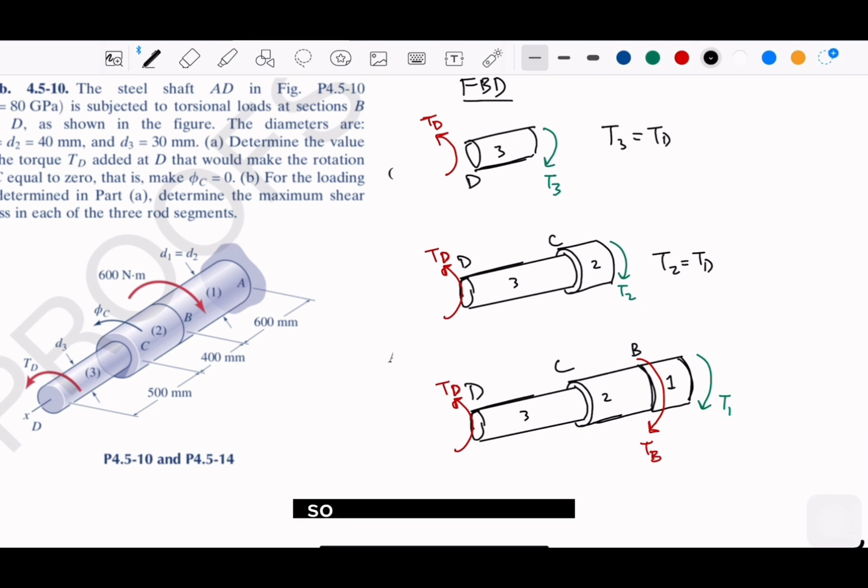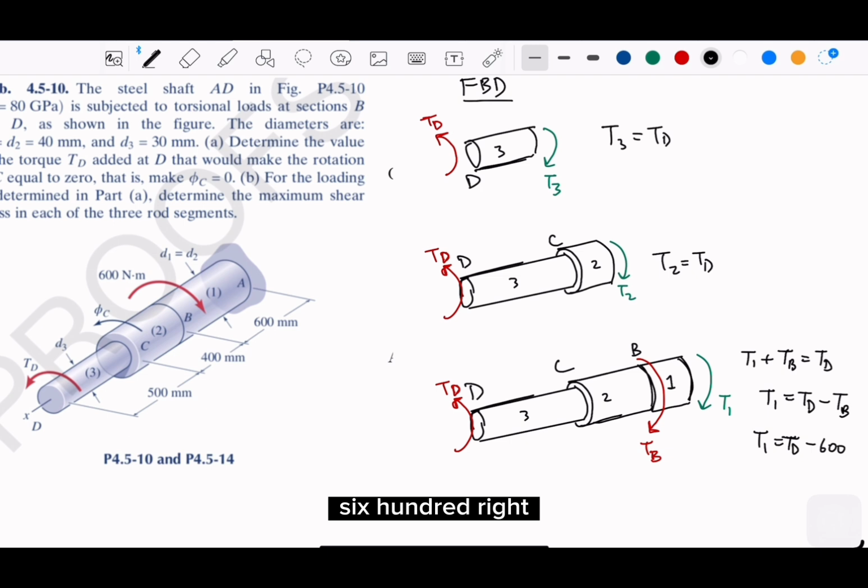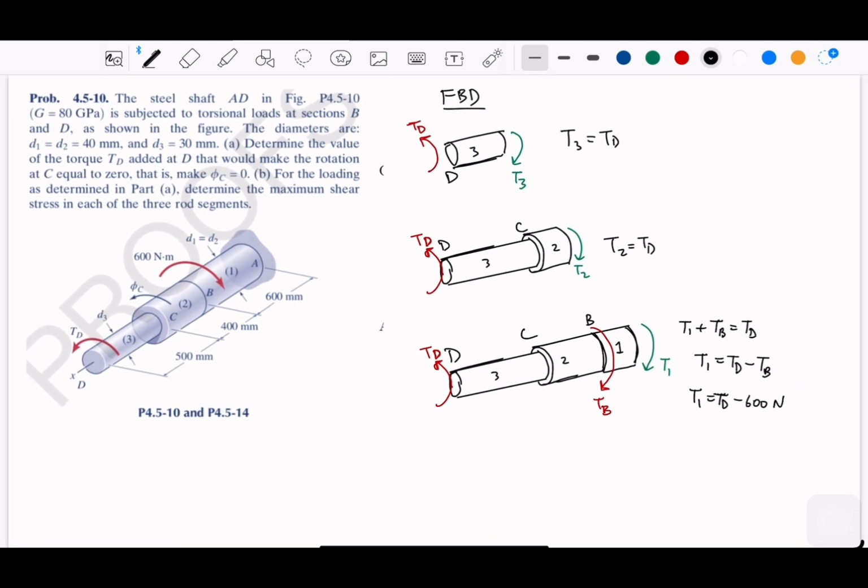So we could write here that T1 plus TB is equal to TD, or T1 is TD minus TB, or T1 is TD minus 600 Newton meter.